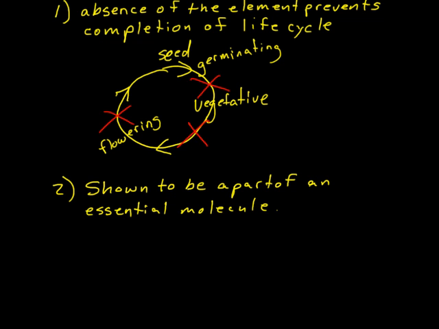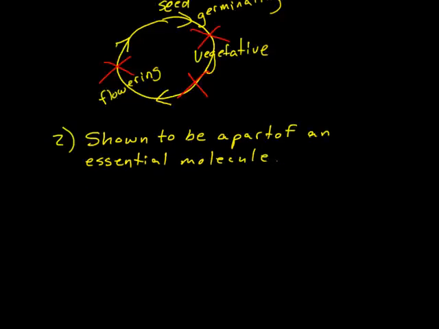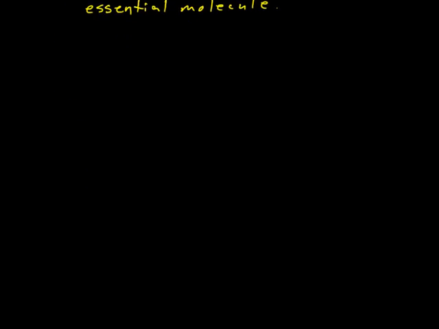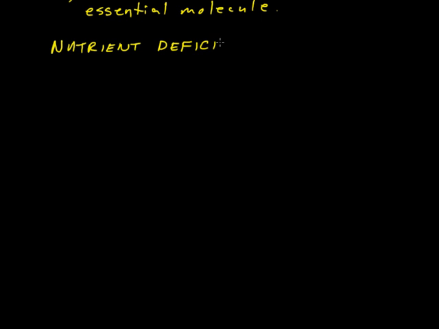When we talk about essential elements, when they are in short supply to a plant, they can cause the plant to become sick. And we call this condition a nutrient deficiency. Now, nutrient deficiencies occur before the plant is going to just die outright for the lack of one of these elements.